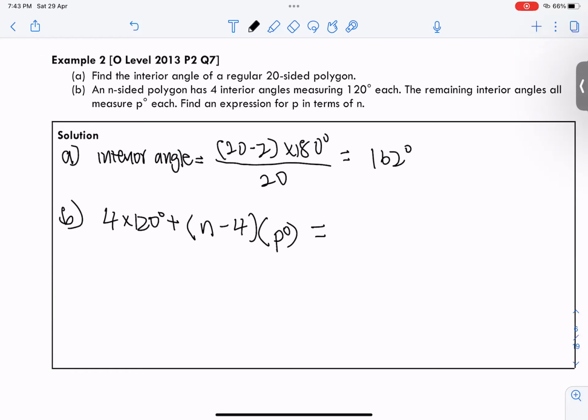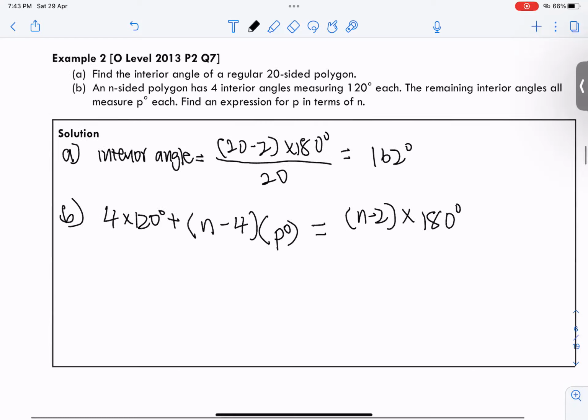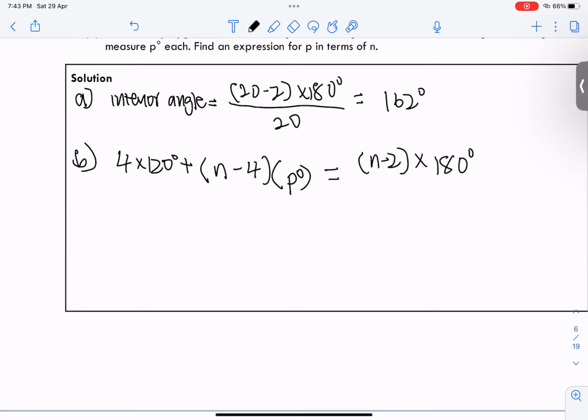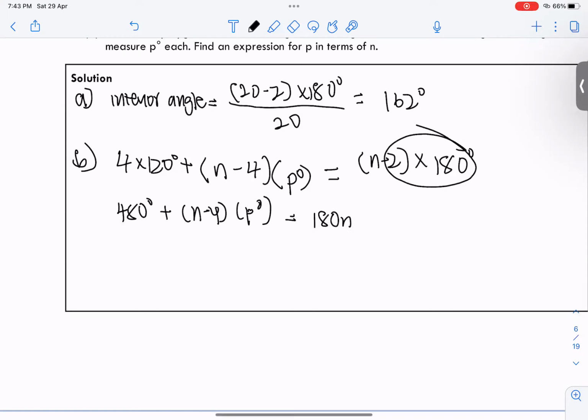So you have n minus 2 times 180 degrees. Just like that. Then after that, just use algebra. 480 degrees plus n minus 4 p equals, then this one you expand it, 180n minus 360.